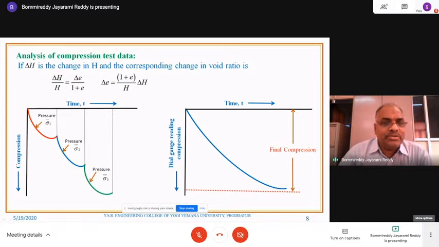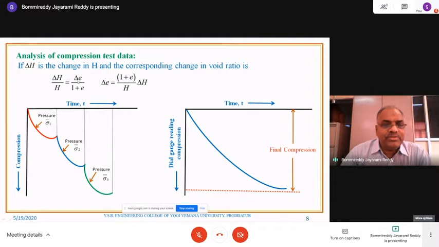Already in the first chapter we have seen this particular formula. Change in thickness of the soil divided by original thickness is equal to change in void ratio divided by original volume, where 1 plus e is the original volume. So from this you can find out the change in void ratio, delta e, or any other parameter.